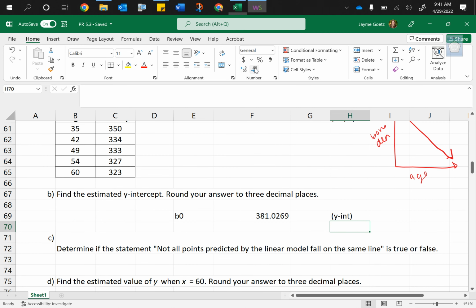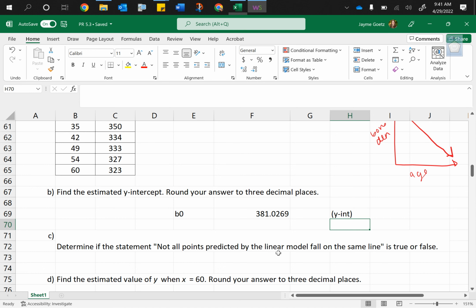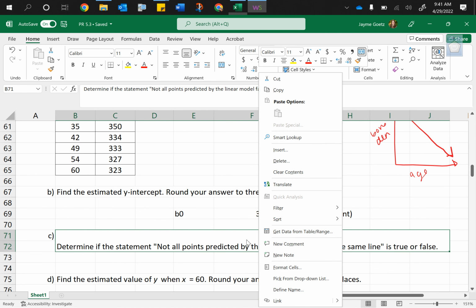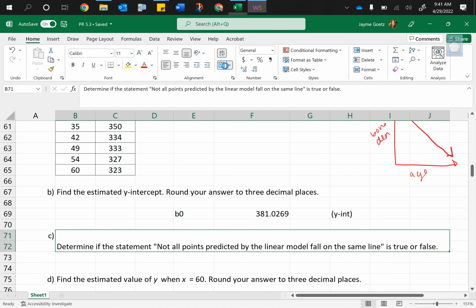Now part C says, determine if the statement, not all points predicted by the linear model fall on the same line, is true or false. That is a really interesting question.